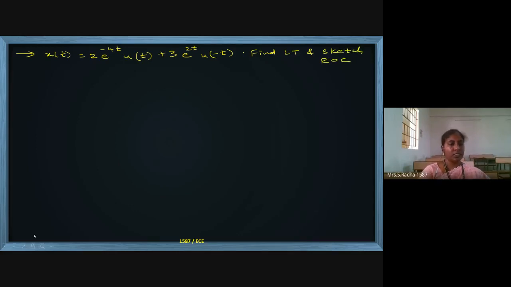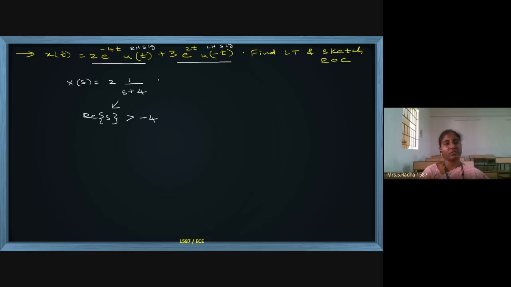If you see here, you might have understood some details by this time. This is the first term, this is the second term, this is a right-handed signal, and this is a left-handed signal. From the first term, the Laplace transform is 2 into 1 by s plus 4, and the ROC is real part of s greater than minus 4, because this is a right-handed signal.